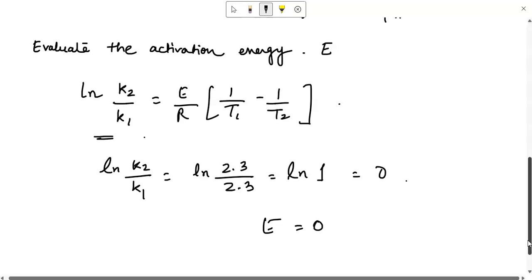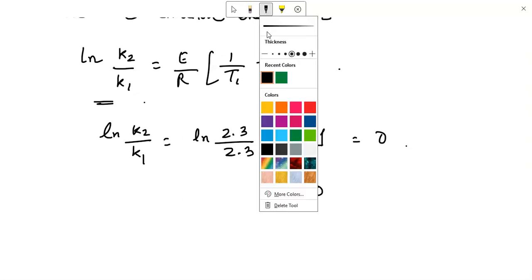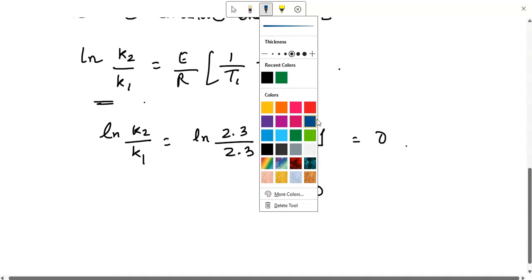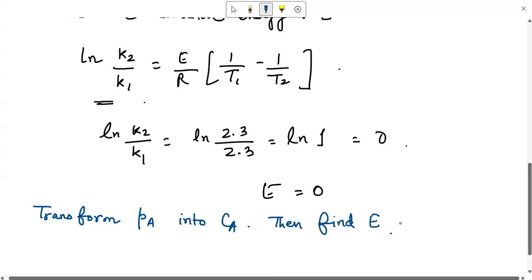The reason being, whenever you are dealing with pressure units, your first target is to convert that pressure into a concentration term. So please remember, let me write this in a different ink so that we never forget: transform pA into cA, then find activation energy. That is the correct way to do things.